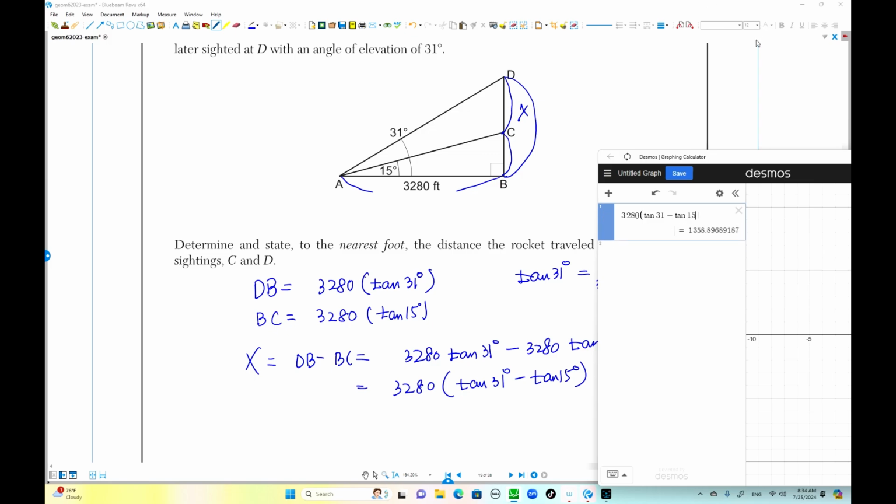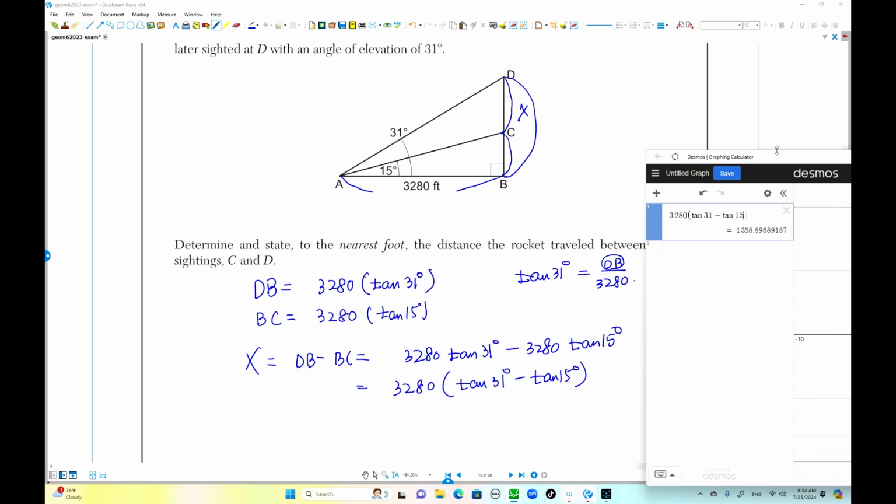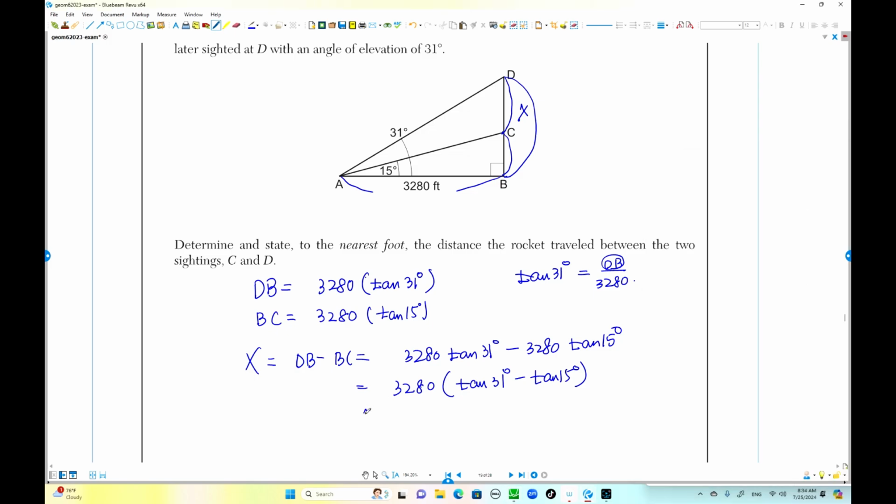So you got the number here, 1358.8. Round up over here: 1359. 1359 feet. Don't forget the unit. That's the answer.